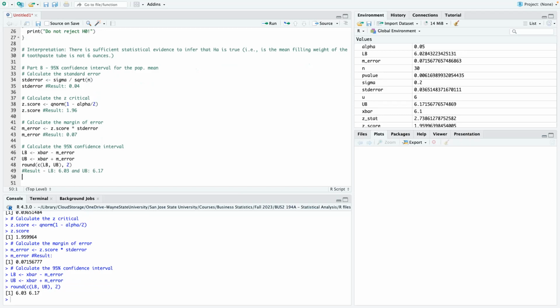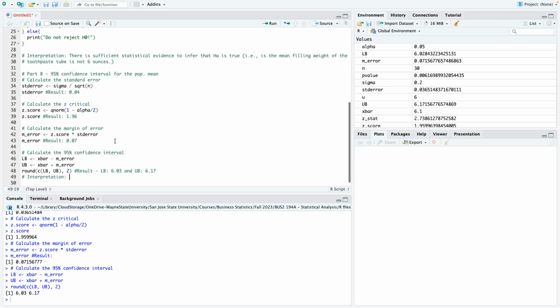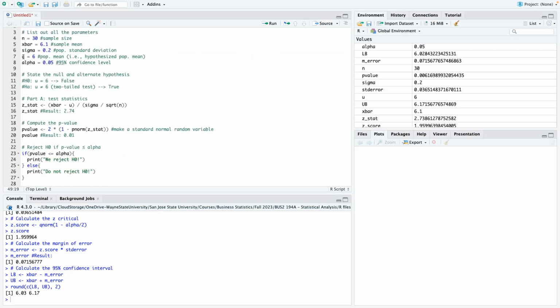And then, let me just put this up here, right? So I can have my interpretation down here. So for the business interpretation, right, if you remember, our hypothesized mean was 6, right?